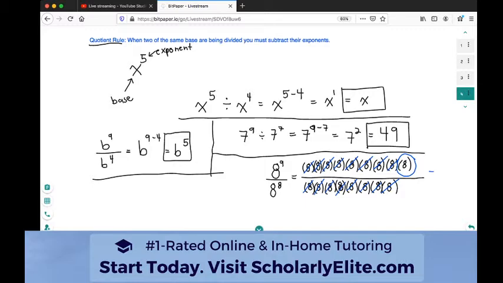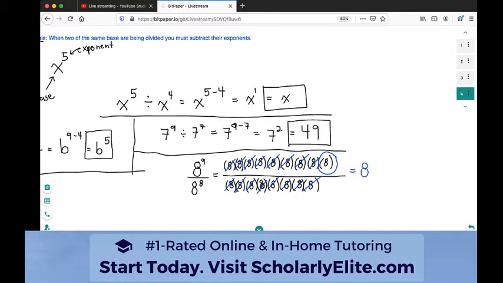And that's why I'm technically left with the final answer. Obviously we're not going to do this every time, this is just to illustrate the point. If I was to do this the proper way with 8 to the power of 9 minus 8, then all I'm left with is 8 to the power of 1. Because that's all that's left when I'm doing this division, because these guys cancel each other out. So this is my final answer: 8 to the power of 1. You can also write it just as 8. It means the same thing. They're both the right answer.